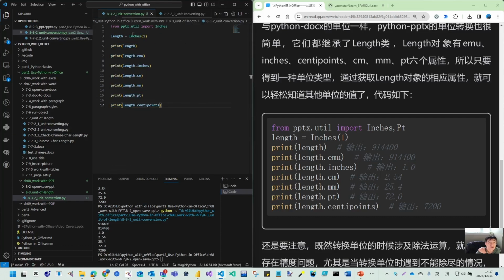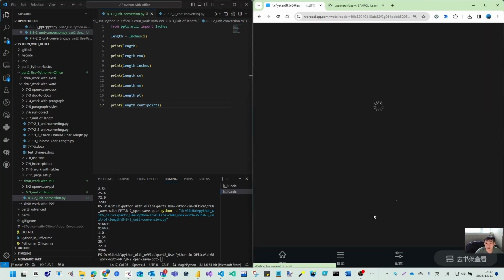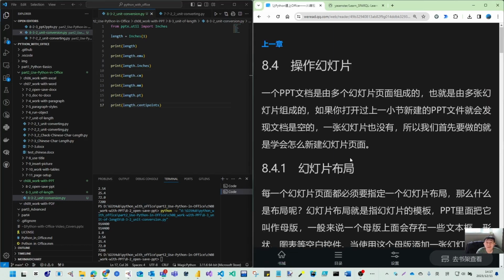It should be the same here, because we only use inch to define this variable. So this Pt or pound needs no import from the utility. I think this will be quite short, and for the next 8.1.4, we will start to use slides or PowerPoint presentations to talk about the detailed hierarchy and the components within the presentation. See you there.